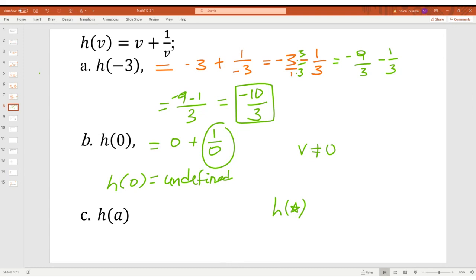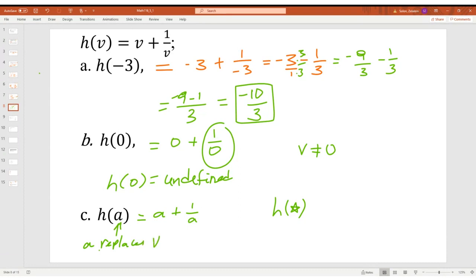So write your answer. You got a over a. All you have to do is just replace v by a. Okay? Replace v by a. So you have v plus 1 over v. So v becomes a. 1 over v becomes 1 over a. That's all you have to do. What this means is a replaces v.